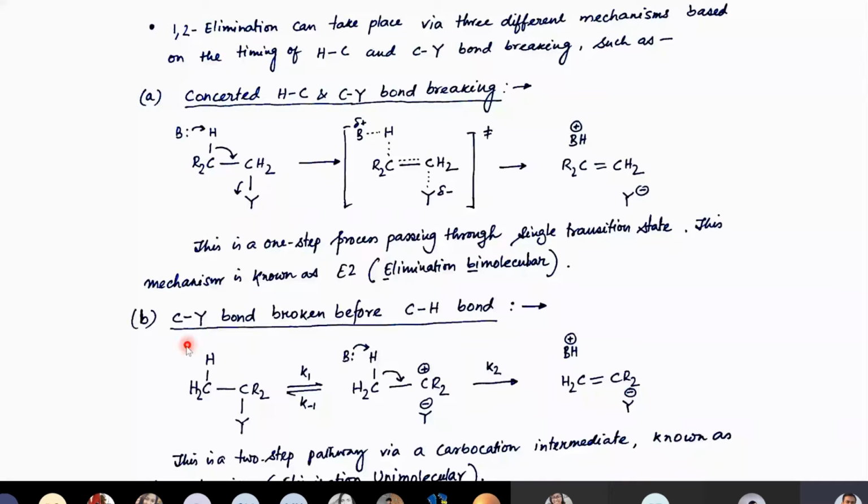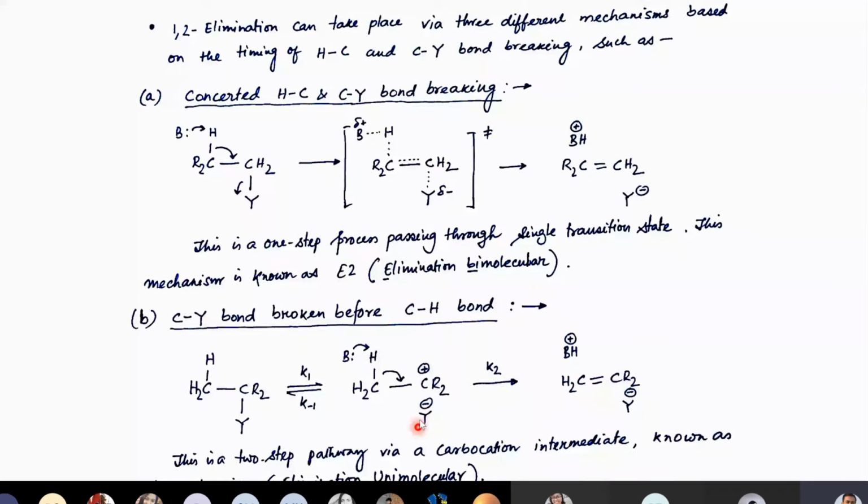Then we talk about another possibility, where the C-Y bond is broken before the C-H bond. Again, you have the same substrate. Here the C-Y bond is broken fast, and you get a cationic intermediate like that. Then the base will take up this proton to give this alkene. The product is the same, but the mechanism is different.